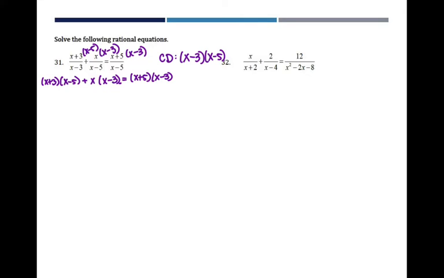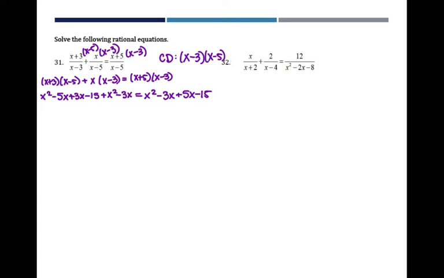Okay, now comes the fun part of simplifying this further. So let's see, I have x squared minus 5x plus 3x minus 15 plus x squared minus 3x equals x squared minus 3x plus 5x minus 15.